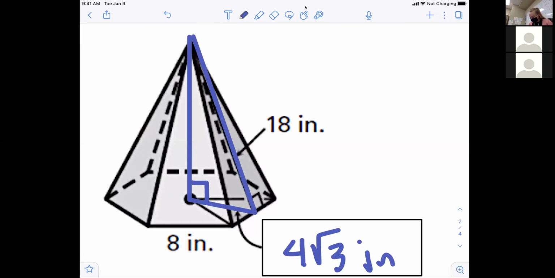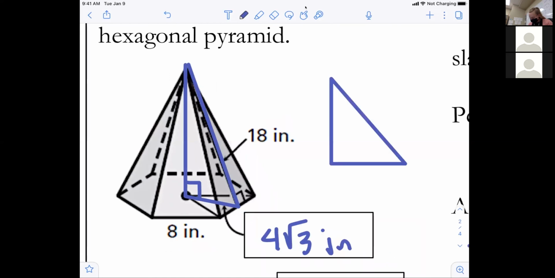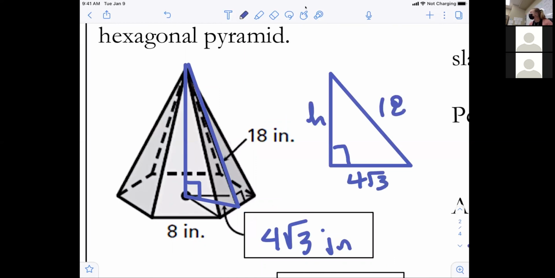So my little triangle here is 4√3 here, this is my height, which I don't know, and that is my slant height. So we have to find my vertical height, my perpendicular height, using the other 2 sides. Do you kind of see what we're doing here? So I had to know what this distance was.